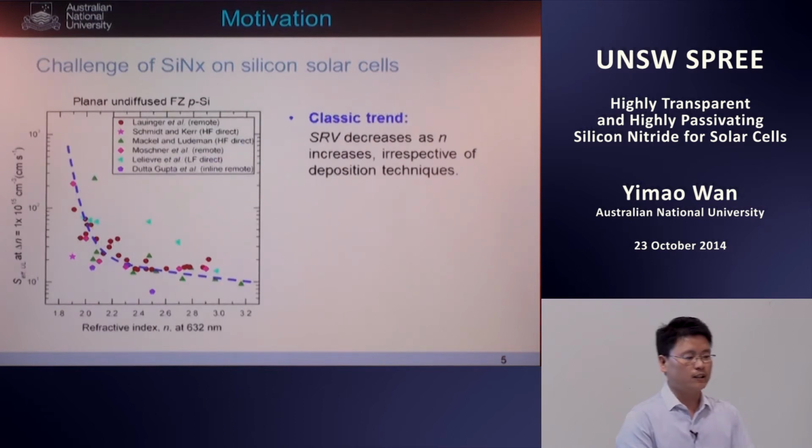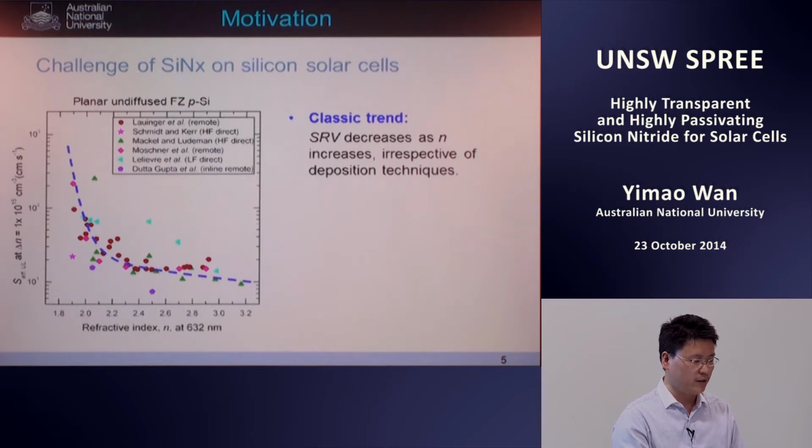So what's the challenge of silicon nitride research work on silicon solar cells? Here I summarize some data from the literature by plotting the recombination versus the refractive index of silicon nitride, where the refractive index is taken at 632 nanometers.